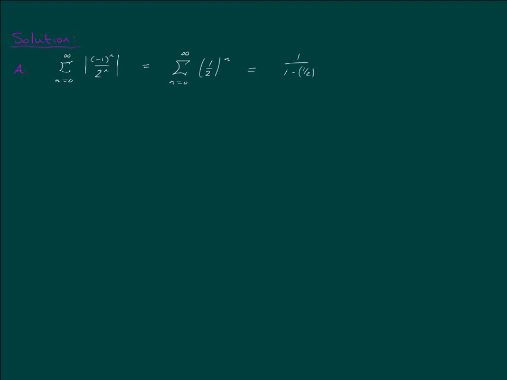Now, how do I know this? This is by the formula for a geometric series, which we've seen before. I'll remind you, the sum of r^n from n equals 0 to infinity equals 1 over 1 minus r. And this is only valid for absolute value of r less than 1.